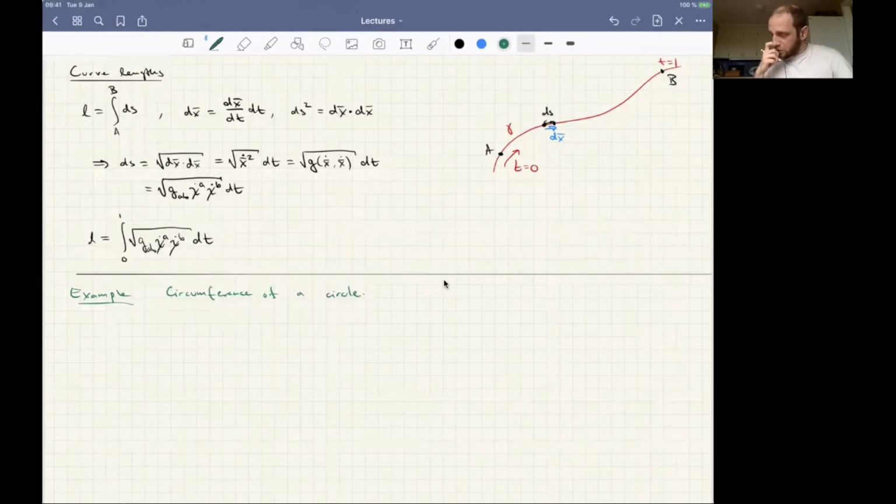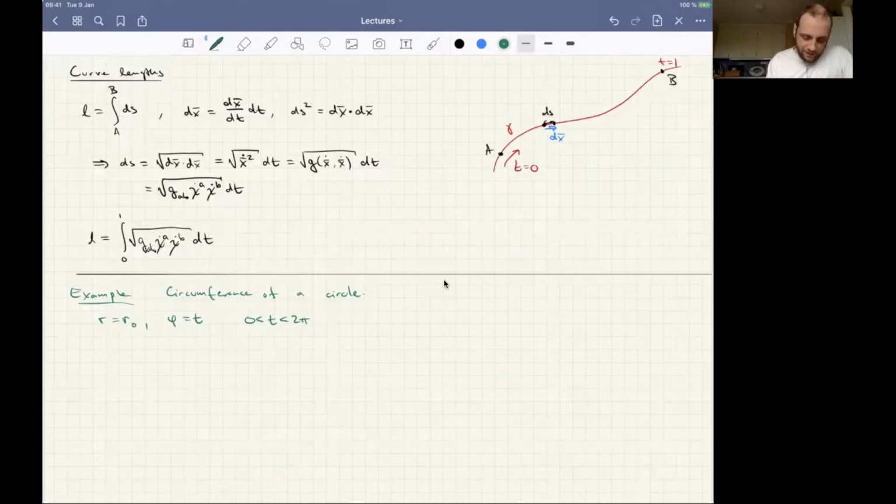You know what the circumference of a circle is. It's 2 pi times the radius. So in this case, let's take in polar coordinates r equal to r0, and phi then is a parameter. You can say that phi is the t parameter, and t here goes from 0 to 2 pi.